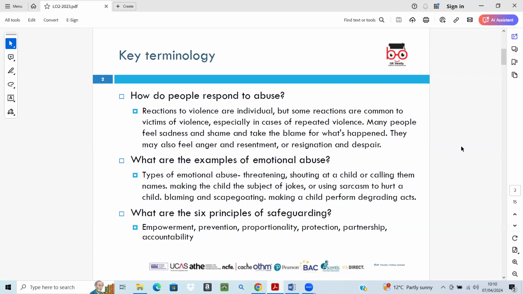So how do people respond to abuse? For example, victims of repeated violence may experience a range of emotions, including sadness, shame, anger, and despair. This is usually how a person responds to abuse.